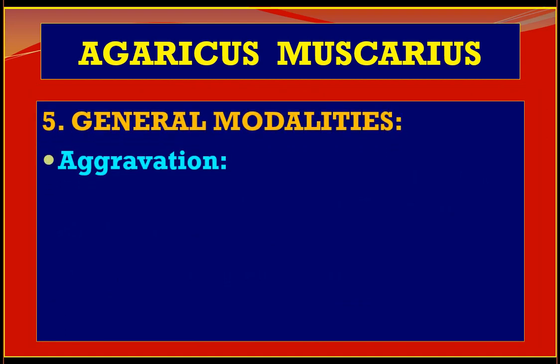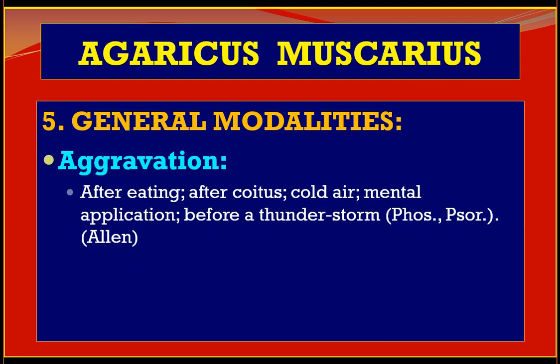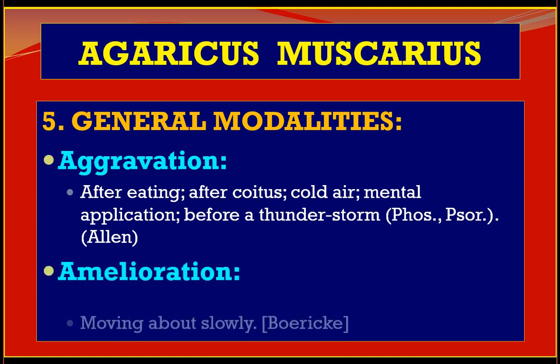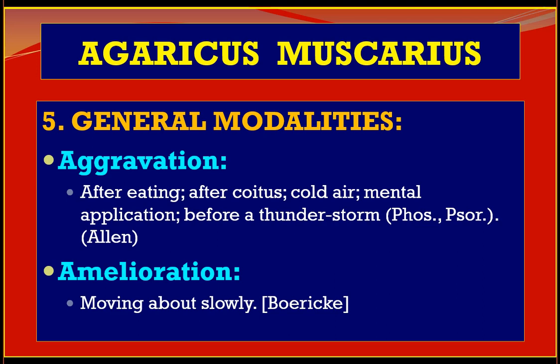General modalities include aggravation after eating, after coitus, cold air, mental application, before a thunderstorm. Amelioration is by moving about slowly. This is not given in Allen's keynote; however, this particular information is from Boericke.